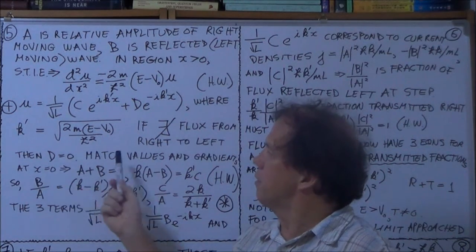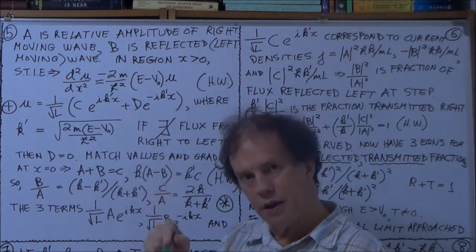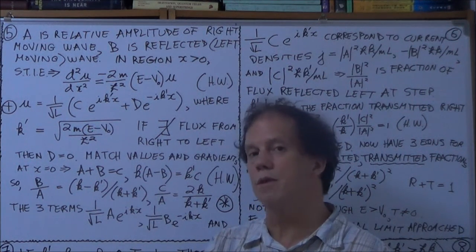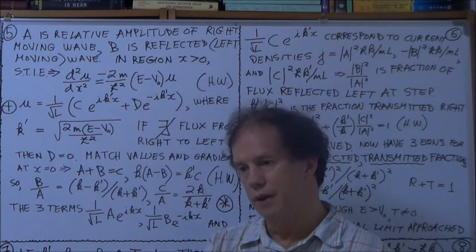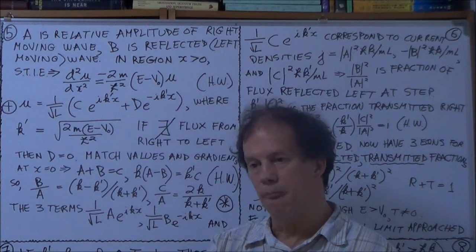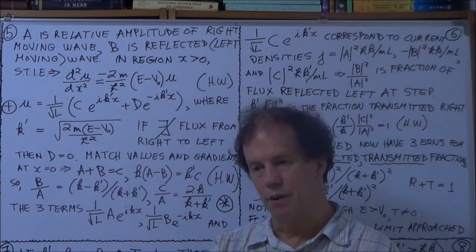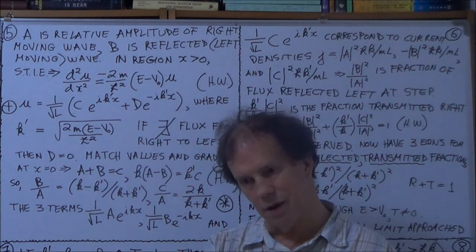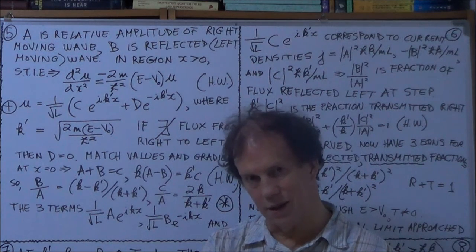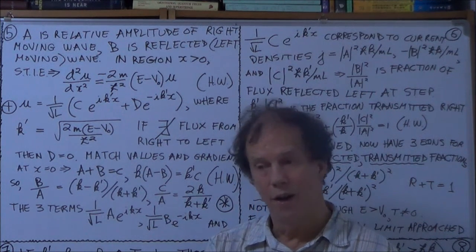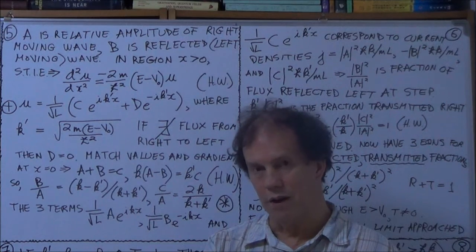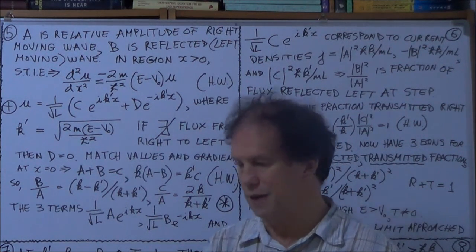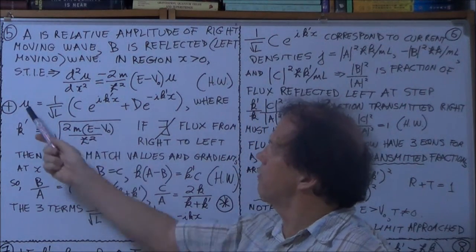So those two at the barrier at x equals 0, you then apply your usual constraints of wave functions. The usual single valued, normalizable. Have the two wave functions either side of the barrier. At the point x equals 0, they have to have the same value, and their gradients at x equals 0, those two gradients have to be the same.